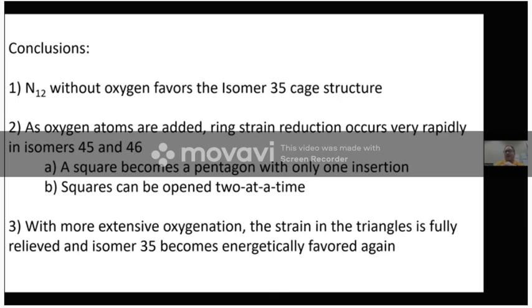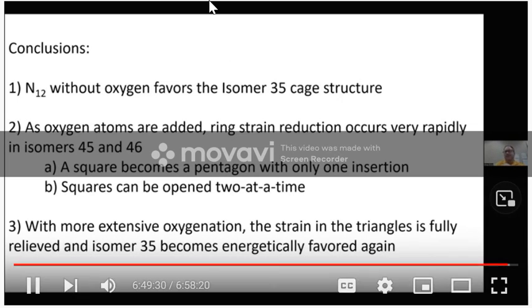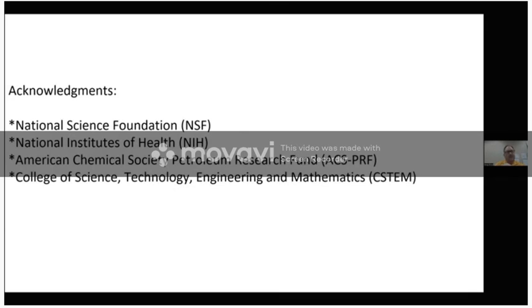So I'm going to go ahead and do my acknowledgments then. I just want to acknowledge a lot of support that we've had over the years working on our research: grants from NSF and NIH, the American Chemical Society Petroleum Research Fund, and then also the College of Science, Technology, Engineering, and Mathematics.